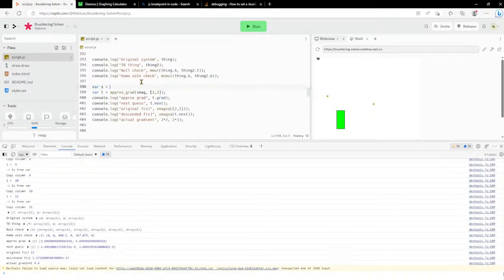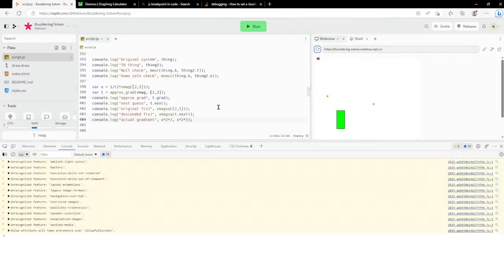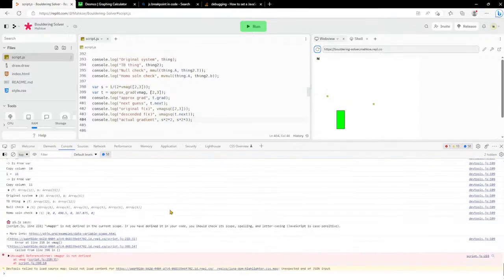Is equal to 1 over 2 times vmag 2, 3. I think we should just multiply both of these by s. Maybe. Whoops.